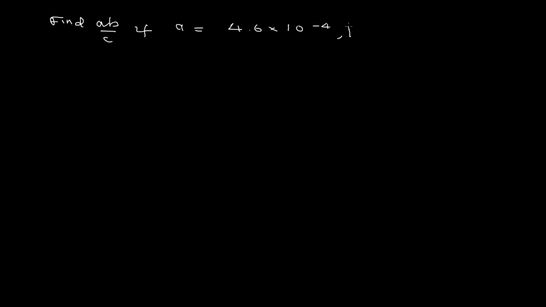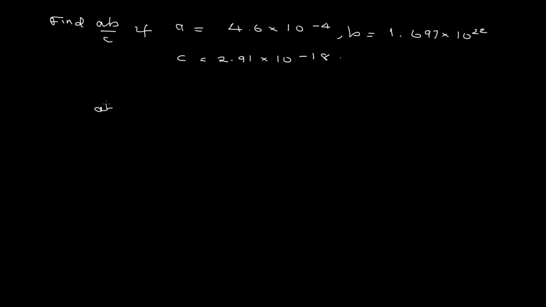Then we have B, which is 1.697 times 10 to the power 22. Then we have C equal to 2.91 times 10 to the power negative 18.